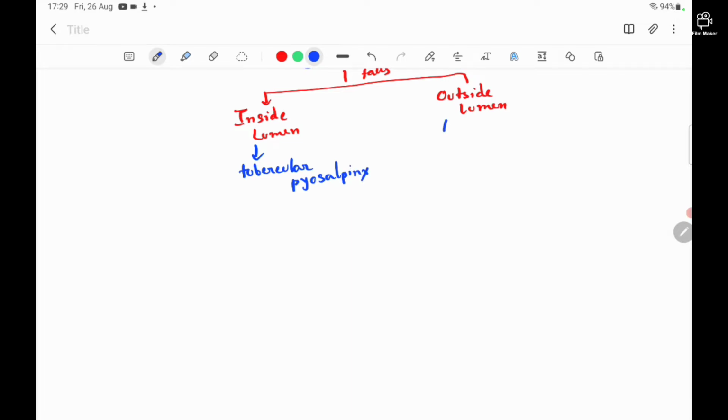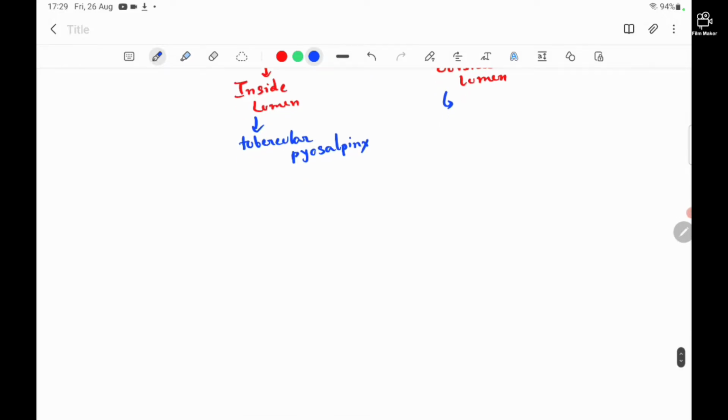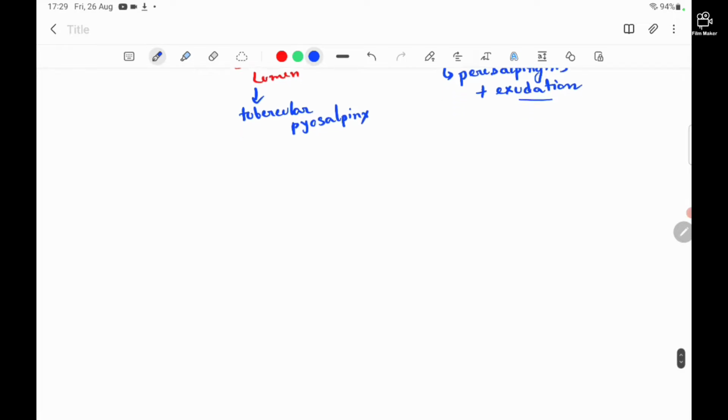And if it falls outside the lumen, that is, there is outward spread, there will be perisalpingitis or exudation. Exudation is in most of the cases accompanied with perisalpingitis.